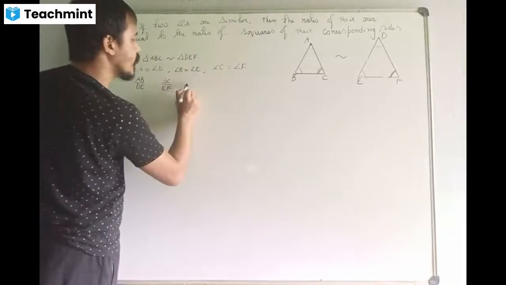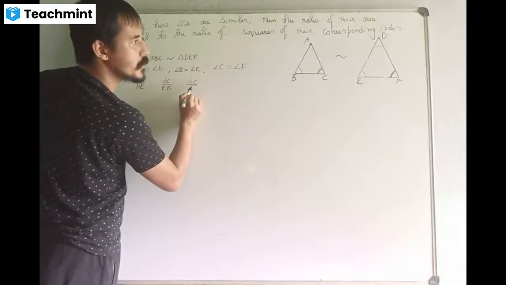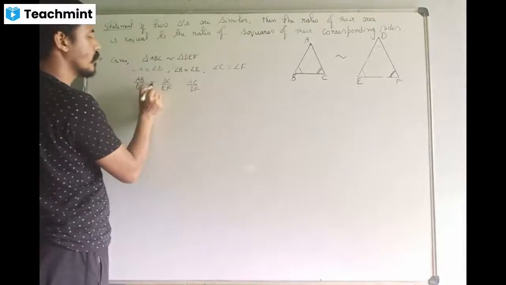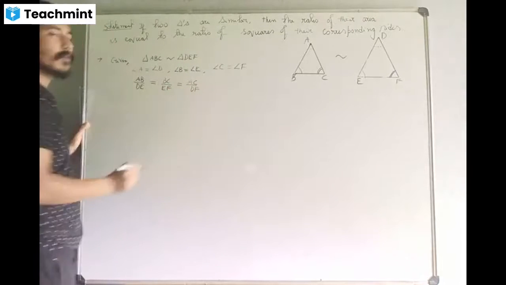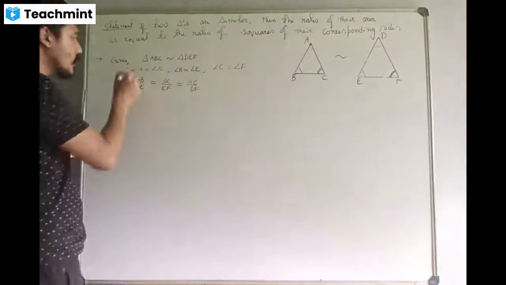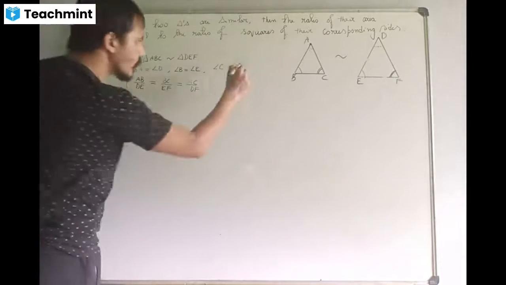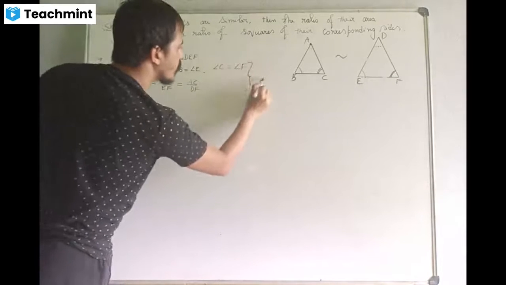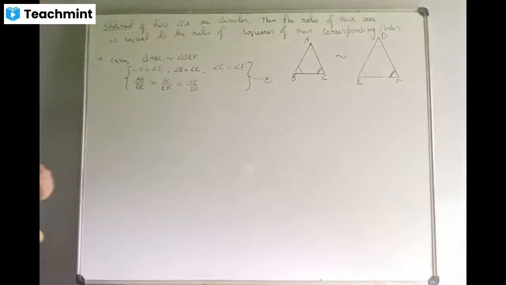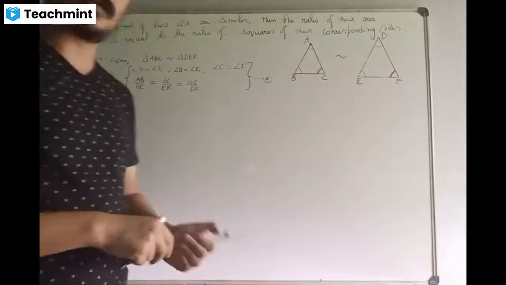And the side AC corresponds to DF. So you write their ratio. Then the ratio of their corresponding sides will be in proportion. So these two together, I'm going to make it as equation star. Star means something very important, which we are going to use. All right?